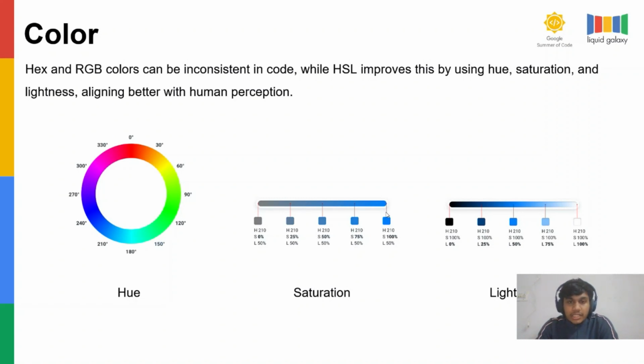So that is what saturation does, and keep that in mind when you are trying to change it. Other than that, we have lightness, which focuses on the brightness of the color that you wish to choose. Let's say you use 0%, then it becomes totally dark, while at 100% it becomes fully white. So while adjusting all these three values, you can use HSL perfectly and make changes accordingly.